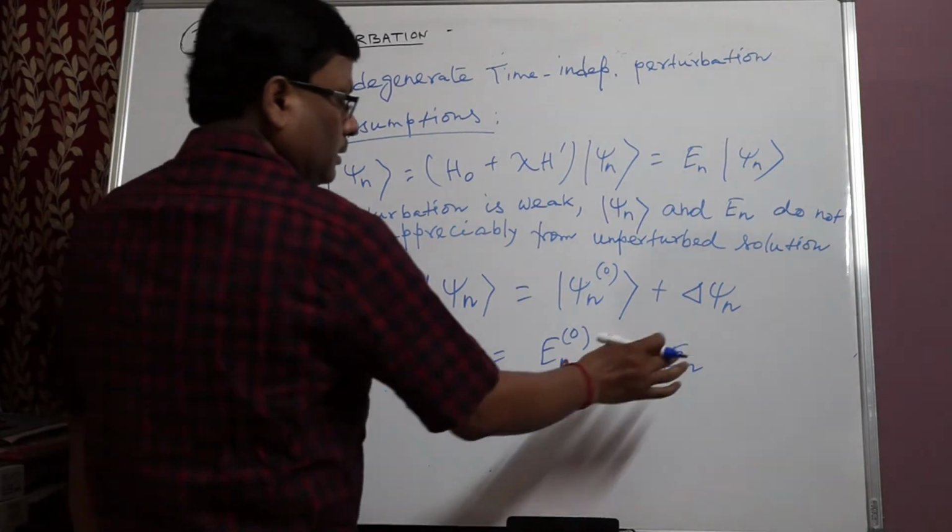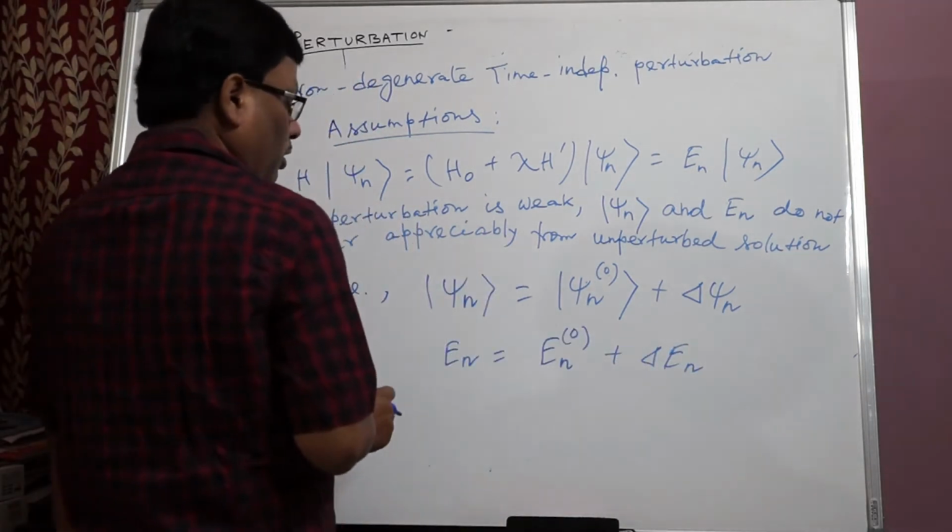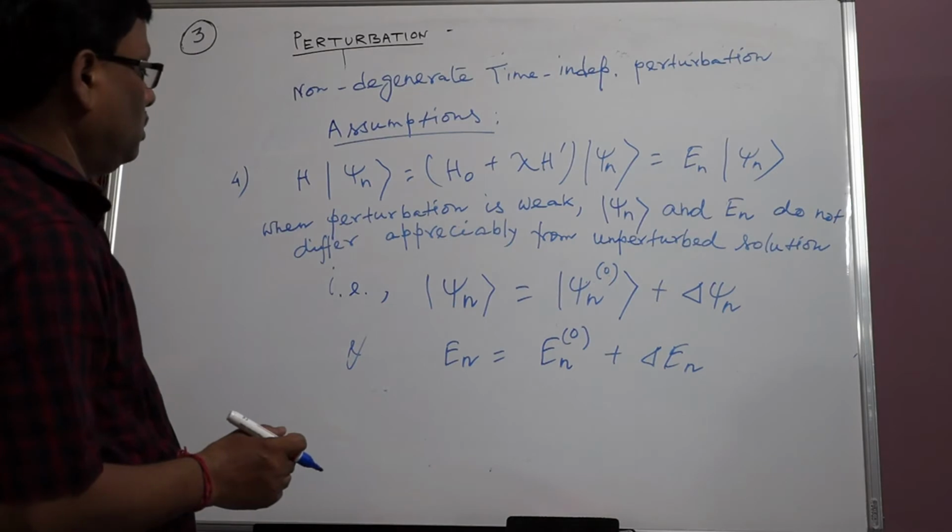Similarly, del En is the correction to the unperturbed energy due to the perturbation.